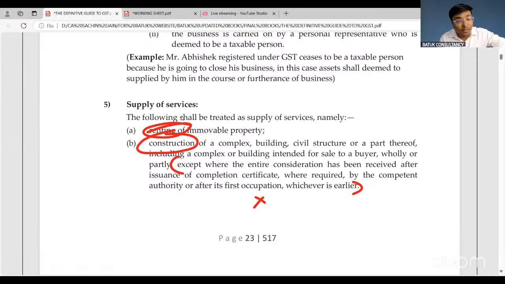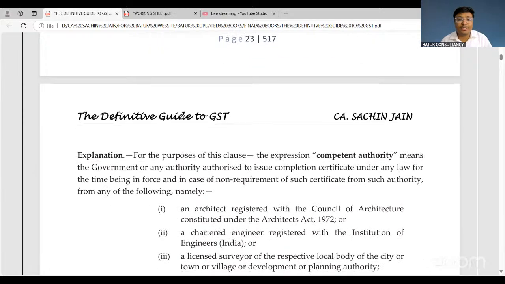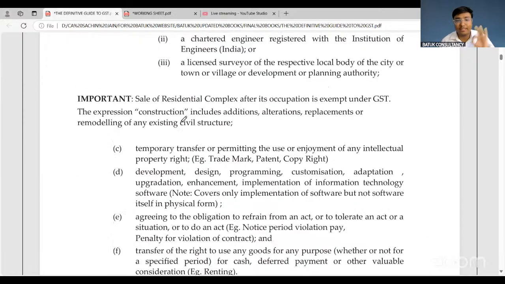When we complete the discussion on time of supply, place of supply, and value of supply from different aspects, after that we'll cover the specific industry. Immovable property, construction: supply of services.